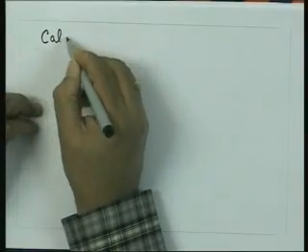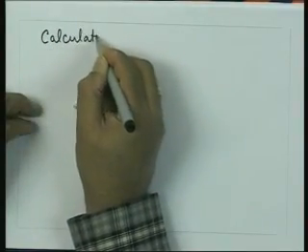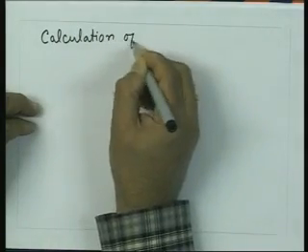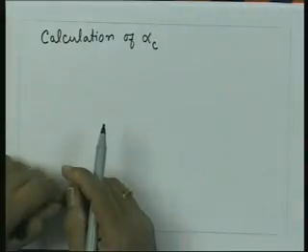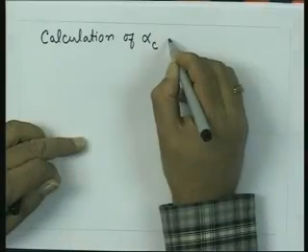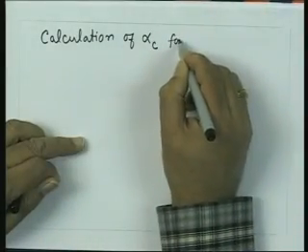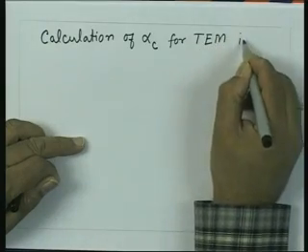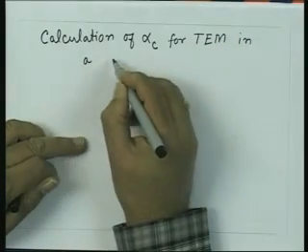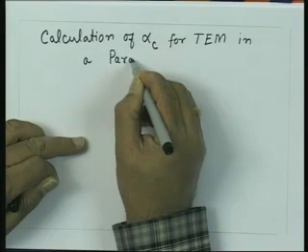So, we talk about calculation of alpha, and let me put a suffix c here to denote the conducting losses, for TEM in a parallel plane waveguide.